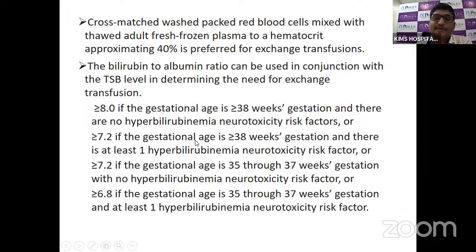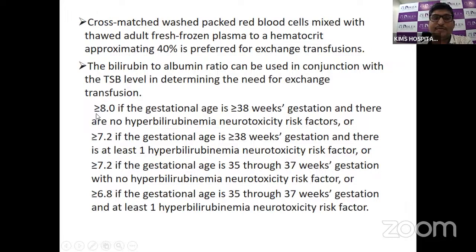So for children with more than 38 weeks of gestation, with no neurotoxic risk factors, if the ratio is more than 8, we need to start. When there is one hyperbilirubinemia neurotoxic risk factor, then if it is more than 7.2, you have to consider it. Similarly, for 35 to 37 weeks gestation, this is without risk factors and this is with risk factors.